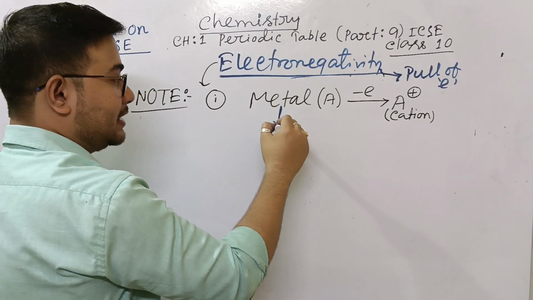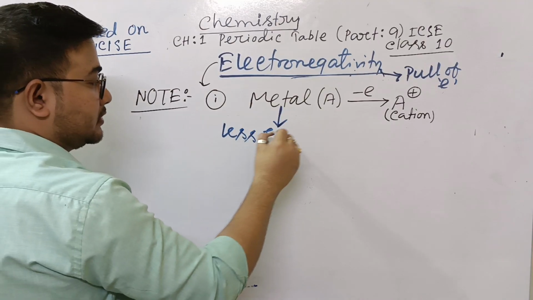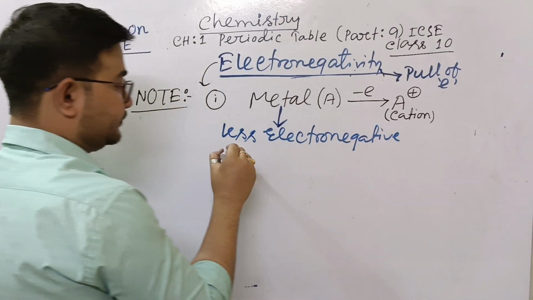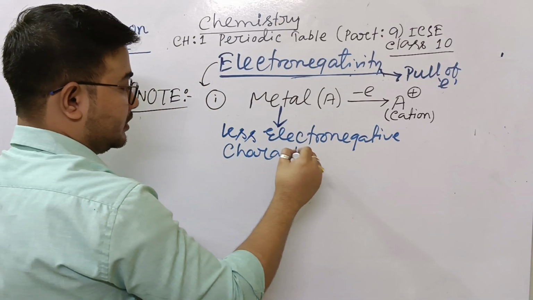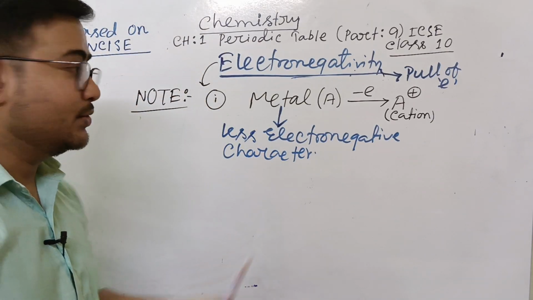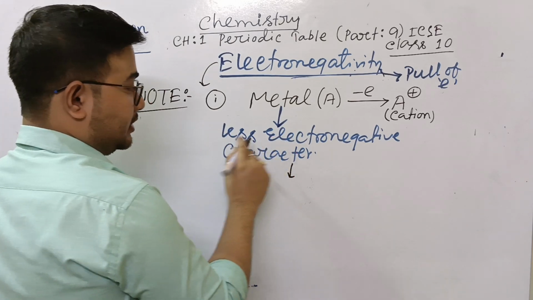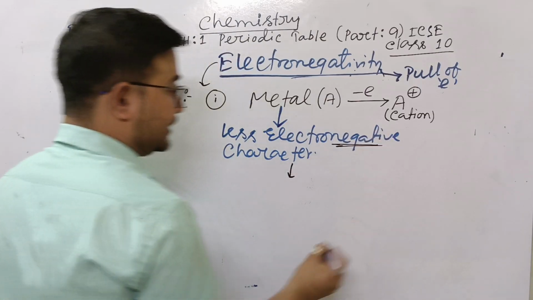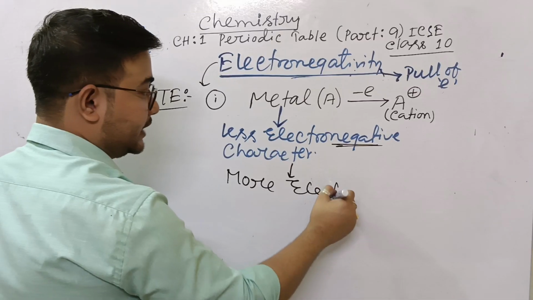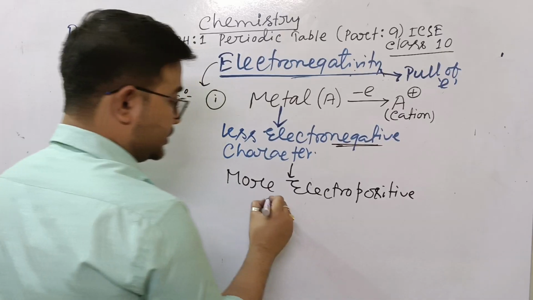So metal has less electronegative character. Can you tell this or not? Obviously. In opposite words we can say that since metal has less electronegative character, it has more electropositive character.